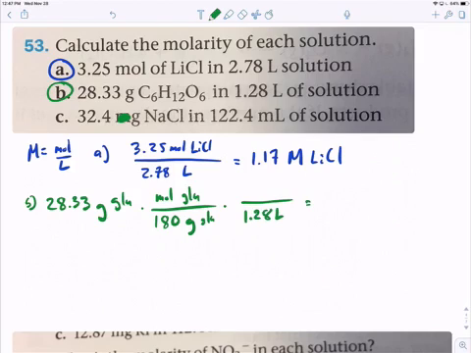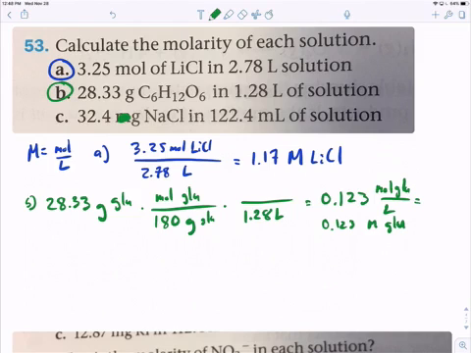So 28.33 divided by 1.28, 0.123 moles glucose per liter equals 0.123 molar glucose. So you see here where I'm going for the units being moles whatever over liters. So that's the point there.